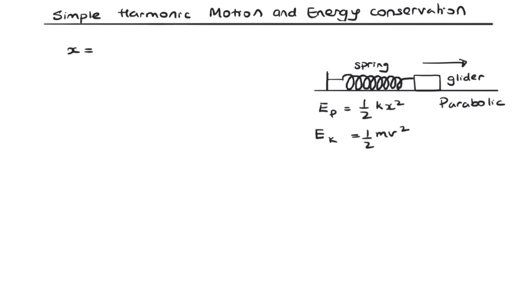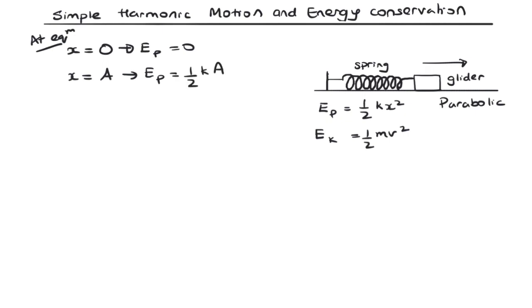So it's moving from its resting position, x is 0, from the center when it's resting. So we know that EP is also going to be 0. This is at the equilibrium position. And when it's moving all the way to the maximum displacement, which is the amplitude A, that will give me EP as half kA squared. So it varies from 0 to half kA squared. I hope that makes sense.